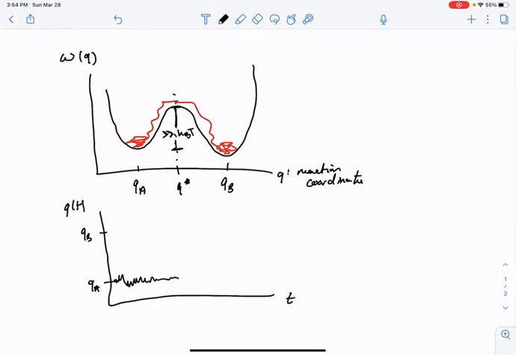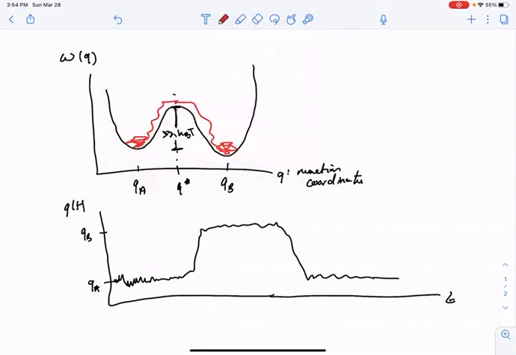And only on characteristic timescales like 1 over the rate of that rare event will we see a transition. So if I was to really extend my axes here, maybe we would see another transition like so.